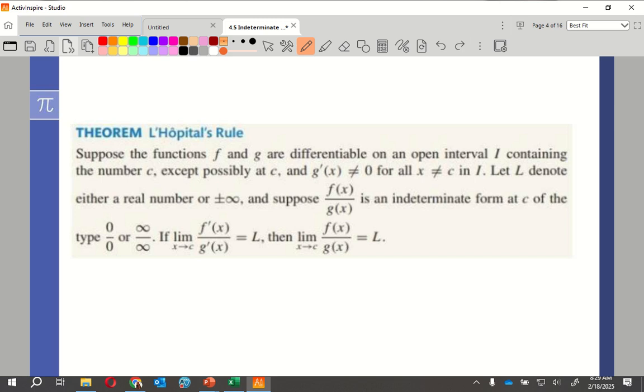Then the limit would be the same as taking the limit of the derivative over derivative. So instead of looking at it like we were in the first place, it's the derivative over the derivative for this.